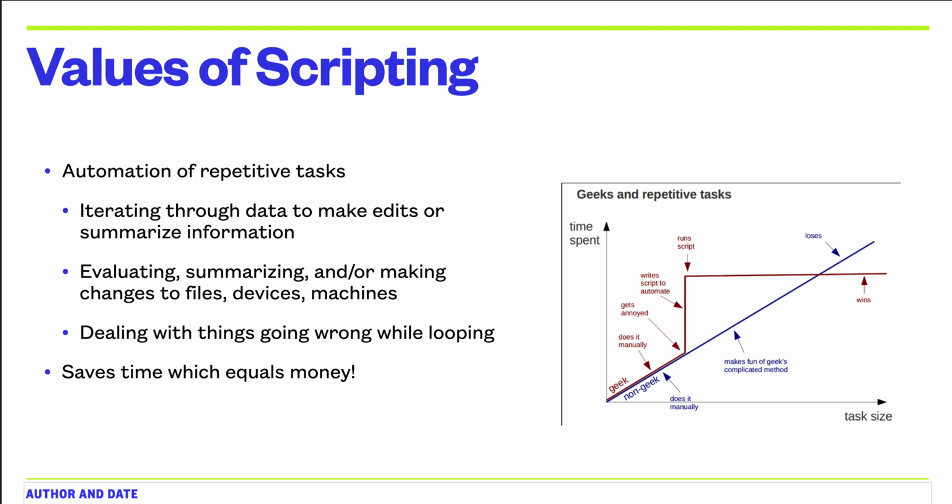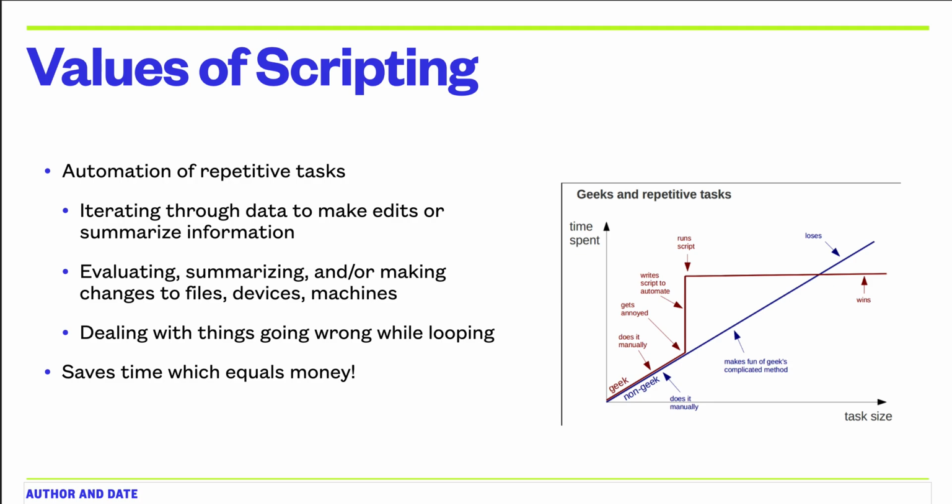Another significant value of scripting, particularly from a business perspective, is to automate a repetitive task. Quite often when we have a company that has a lot of staff, one of the reasons for that large count of staff is to handle things that have to be done over and over again.